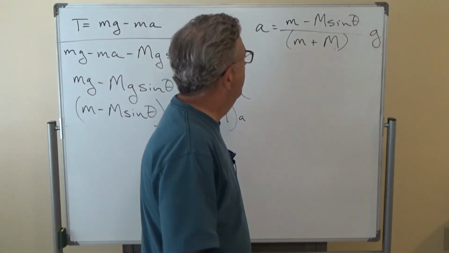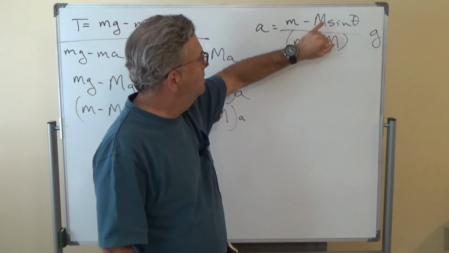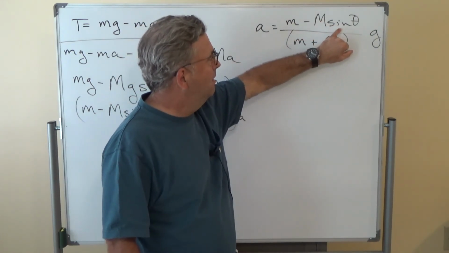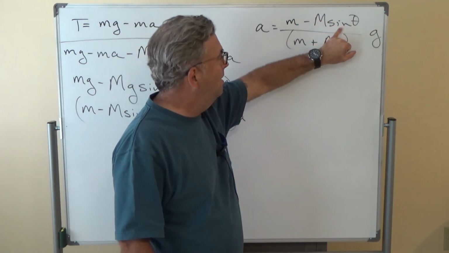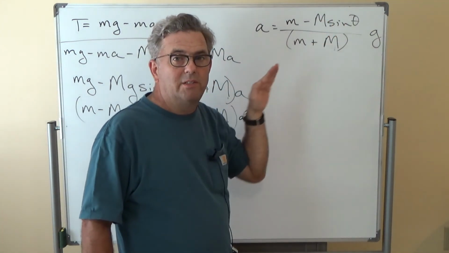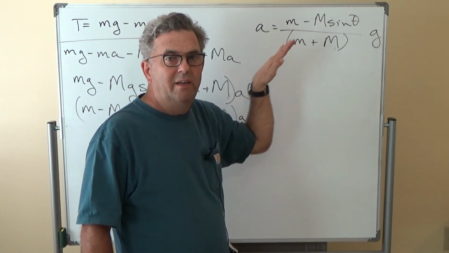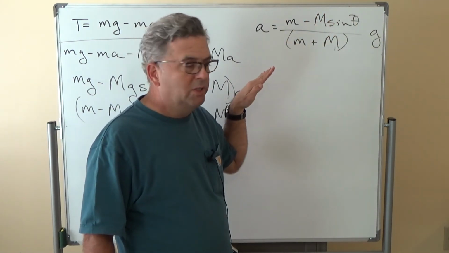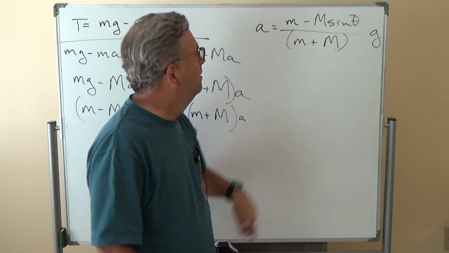So this is little m minus big M sine theta. If little m is greater than big M sine theta, you get a positive acceleration. The system starts moving and the object on the incline starts going up the incline.